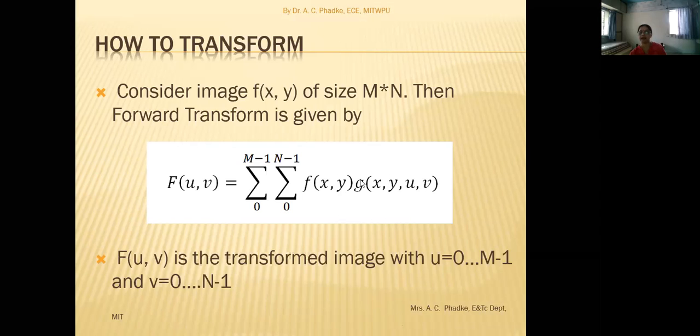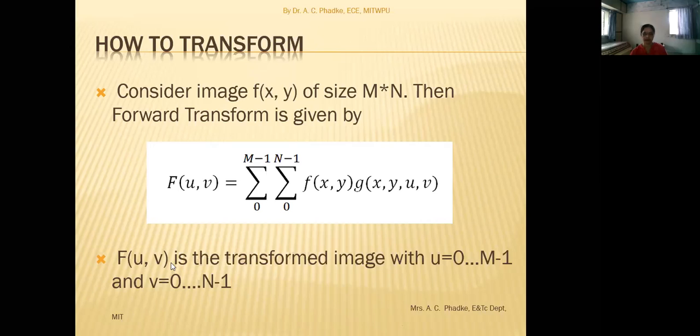By applying this forward transformation kernel on the input image f(x,y), we get the forward transform of the image, represented here by capital F(u,v). We obtain F(u,v) by summation 0 to M minus 1, summation 0 to N minus 1 of f(x,y) into g(x,y,u,v).